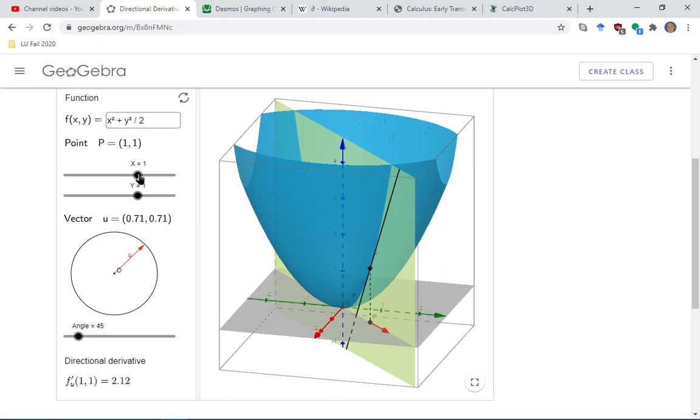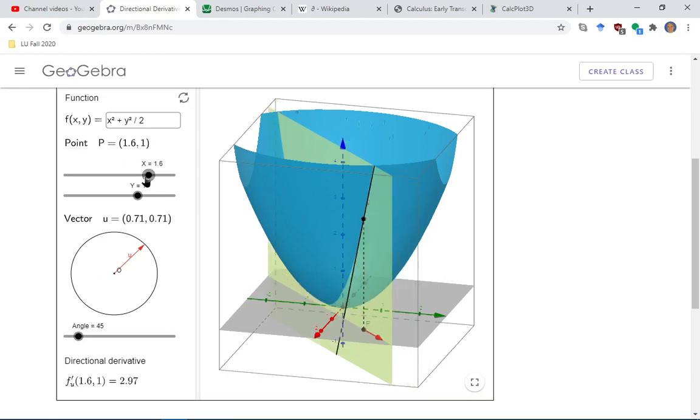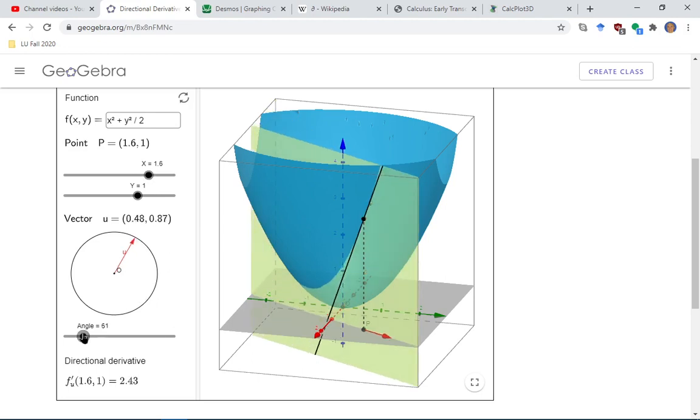You can change your location. Here I changed my x, for example. You can change your y as well. You can change the angle at which you are calculating the directional derivative. This is the u that I'm drawing there, and along that u the function is going to change.